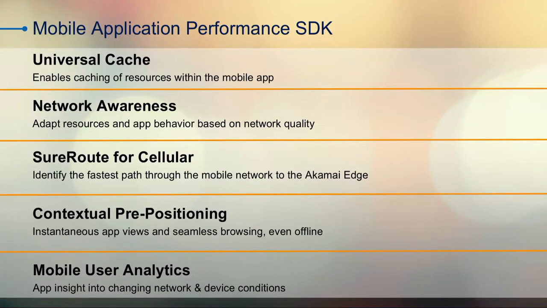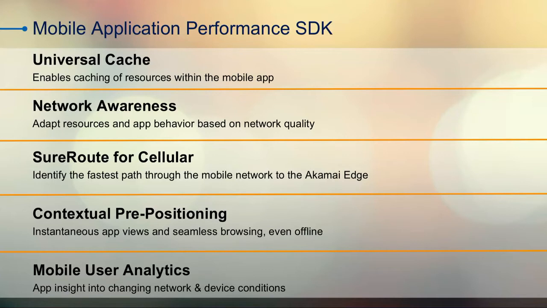Let me talk a little bit more about what those are. You can start caching on each device now. That adds significant value if you're reusing resources across the different pages on your app or experiences on your app. You can adapt your app to the changing network conditions. I'll go into a little more detail about this one.